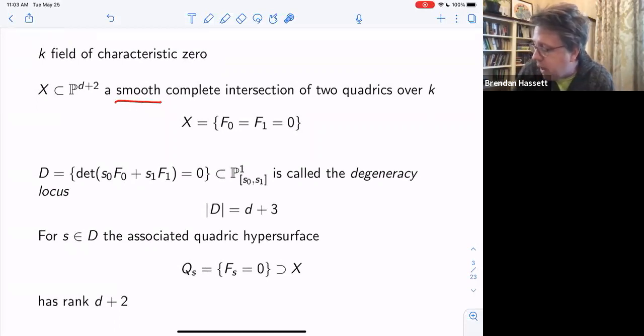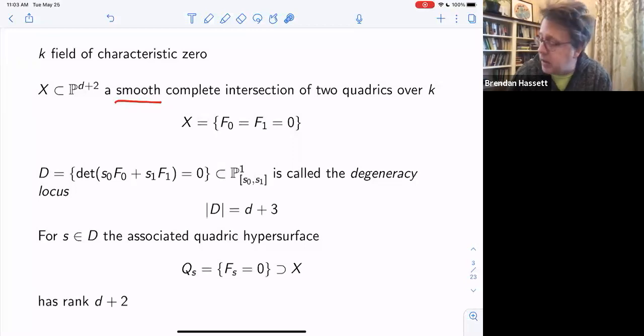And so for each element in the degeneracy locus, I'm going to look at the associated singular quadric hypersurface, Q of S. And so Q of S is just one of the singular elements of the pencil. And one classical result here is that when the rank drops, it only drops by 1.